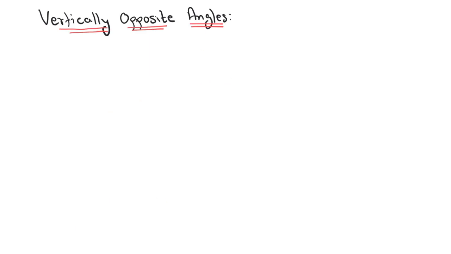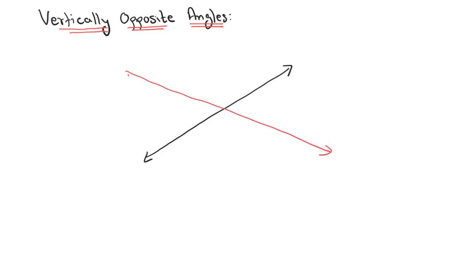Let's understand what vertically opposite angles are. In order to do that, let's draw two straight lines. Let this be one straight line and this be another straight line intersecting at a common point O. So when two straight lines intersect at a common point, vertically opposite angles are formed.